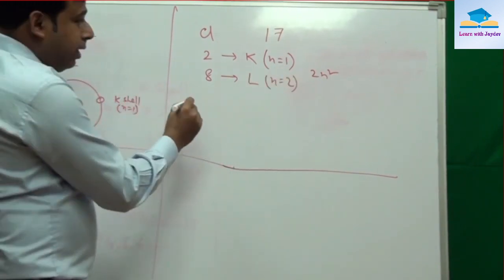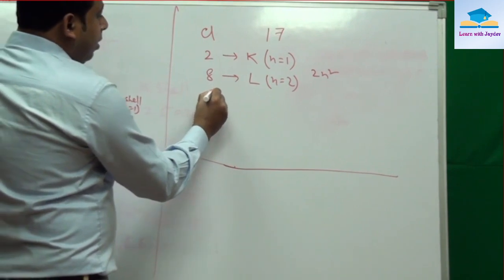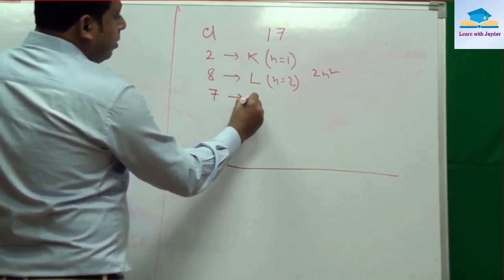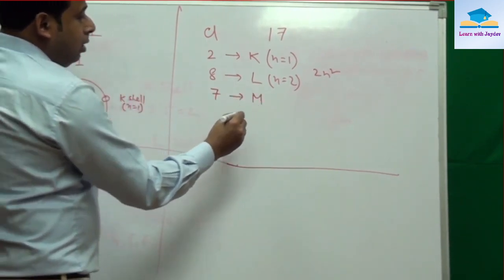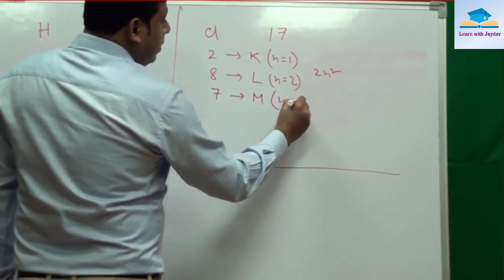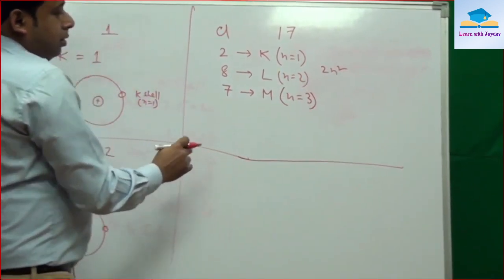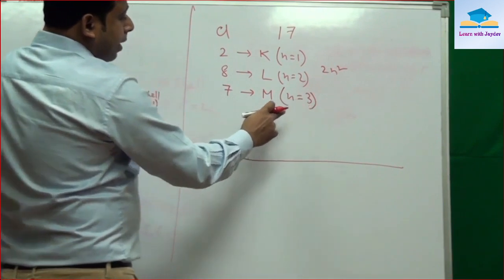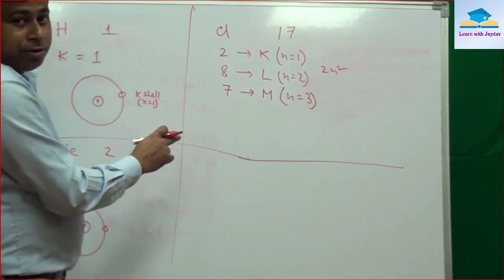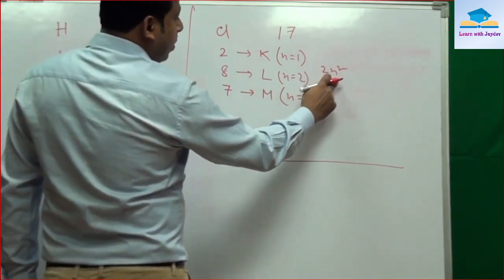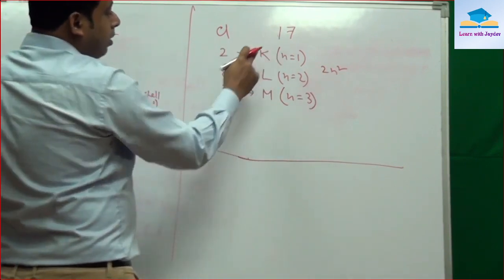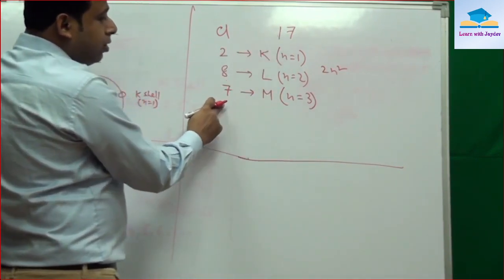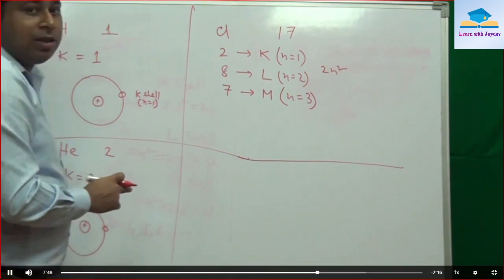So the next cell can accommodate 7 electrons, that is the M cell, which is n equals 3. n equals 3 can accommodate a maximum of 18 electrons as per the formula 2n square. And so for chlorine, the last 7 electrons can be accommodated in the M cell.